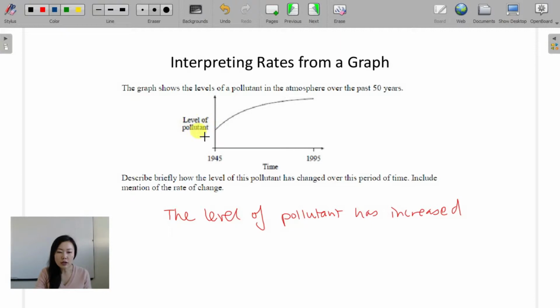If I draw a tangent at this point, and let's draw it at another point, you can see the blue lines are steep, less steep, less steep. So the rate is actually decreasing. It's not increasing as quickly, in other words. So the way to word that is that the level of pollutant has increased, but at a decreasing rate.